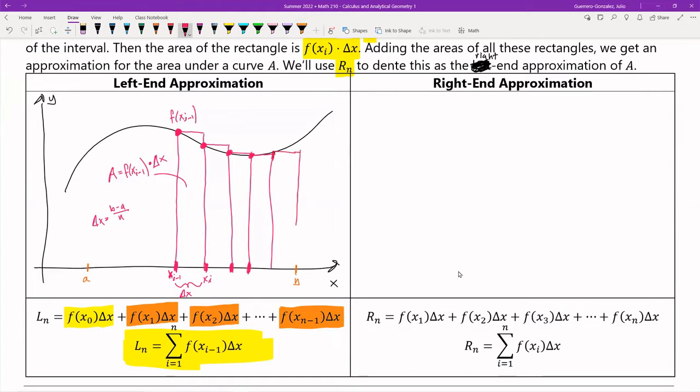I'm going to extend this all the way over to, so then this right here is supposed to be x n, the end of my partition. But notice we end right before it, since we're doing left endpoint, the one on the left of that box is the one that counts. Okay.